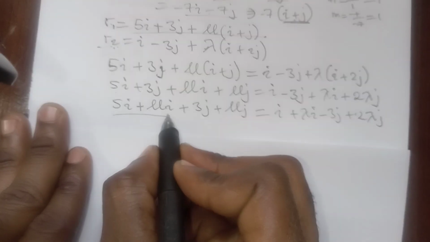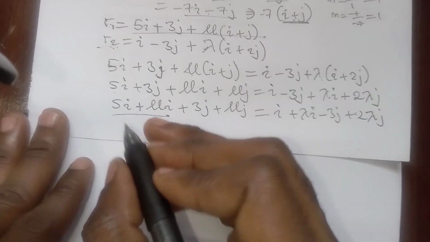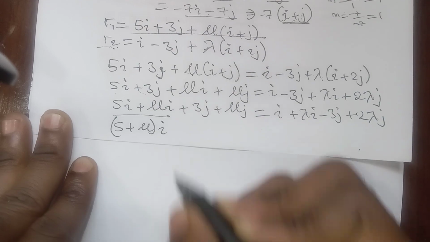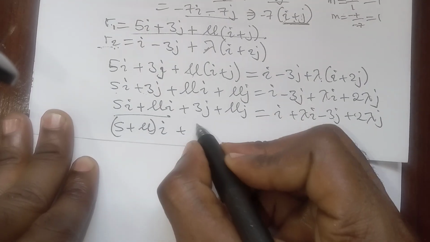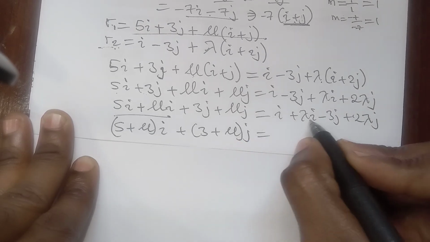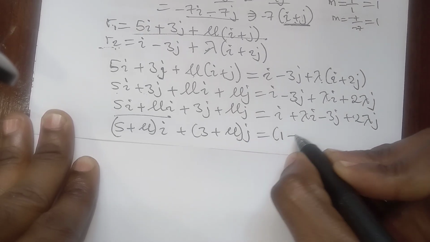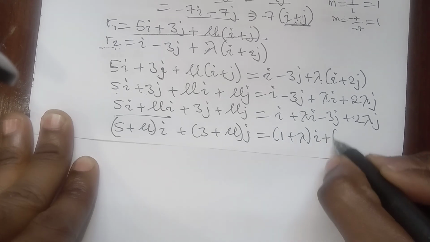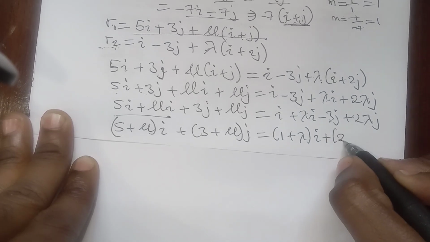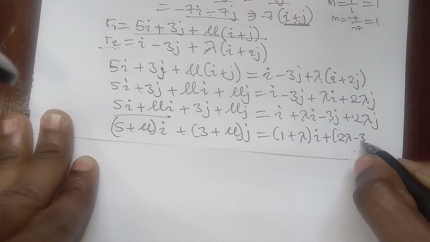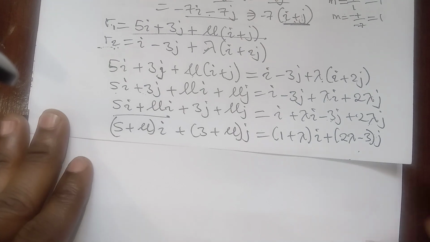And then we can factor the i out and say 5 plus mu i. Then this side we have 3 plus mu j is 1 plus lambda i. And then this side, I'm starting with this one, 2 lambda minus 3j, like this.